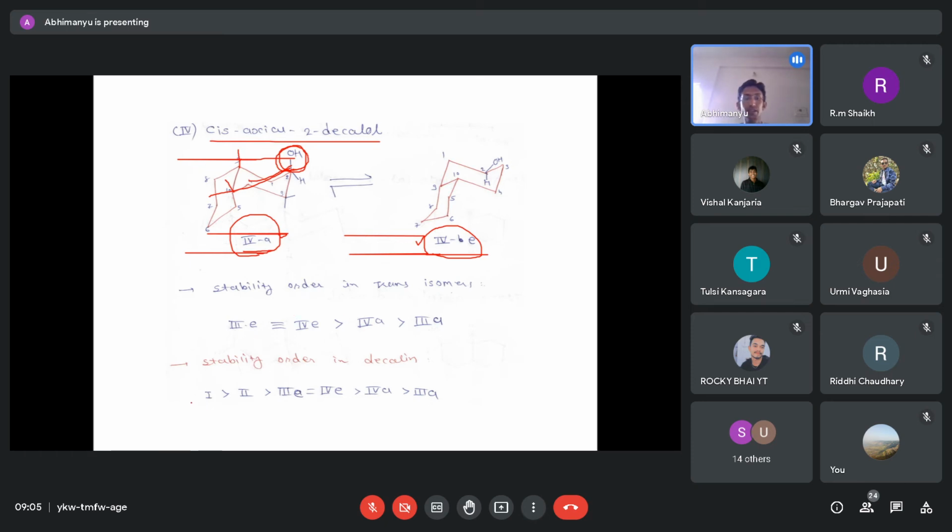So ultimately, the energy order: first is the trans that we saw earlier. Next, 3 equatorial is equal to 4 equatorial. Lower energy than that is 4 axial, and the least stable, with highest energy, is the 3 axial due to diaxial interaction as well as the interaction of OH with the ring.